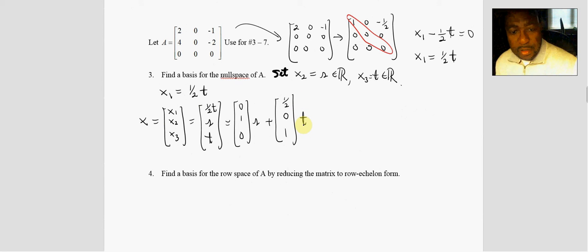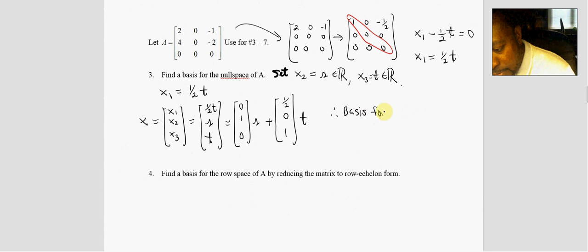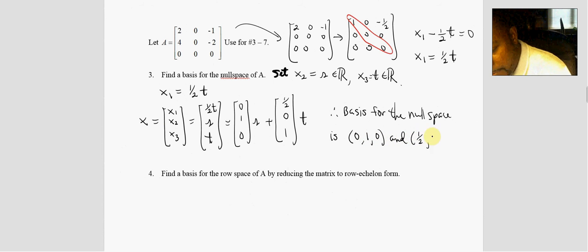So the basis for the null space is the first vector 0, 1, 0, and 1 half, 0, and 1.